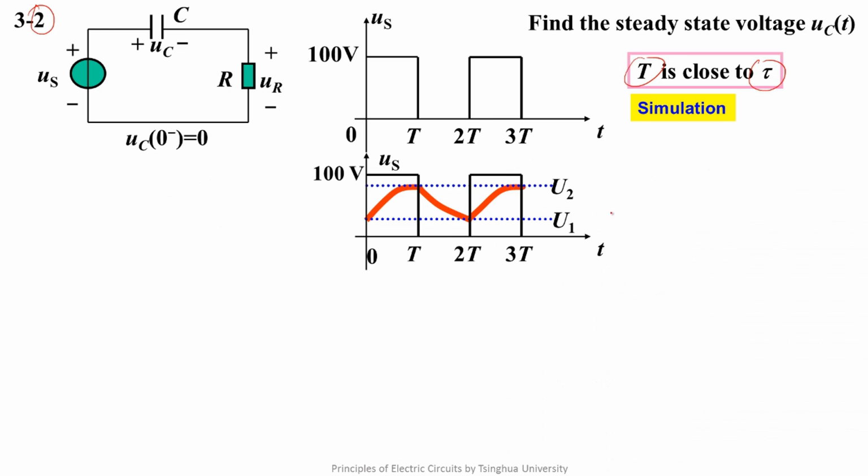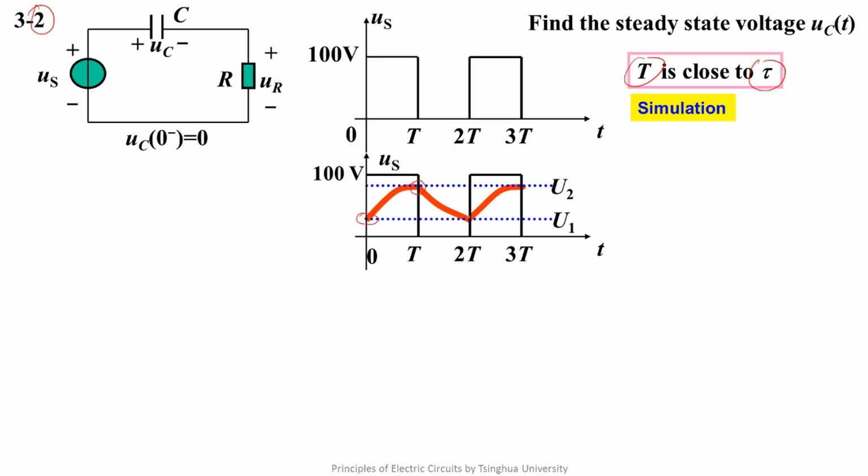This is the simulation result. You can see during 0 to capital T, the capacitor voltage increases from an undetermined value with a negative exponent. Because capital T is close to tau, it cannot increase to the steady state value. The circuit is switched at t equals capital T. Suppose the value is U2. During capital T to 2 capital T, the circuit has no excitation, and it decays with a negative exponent.